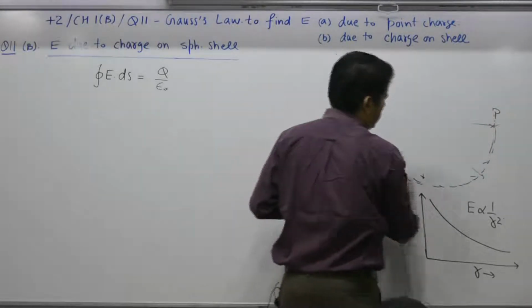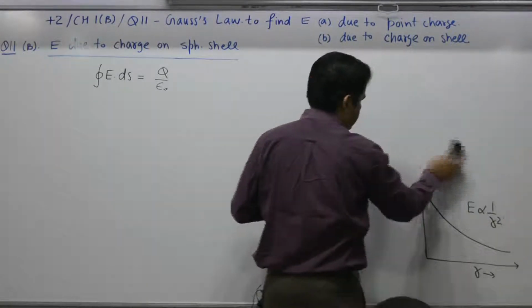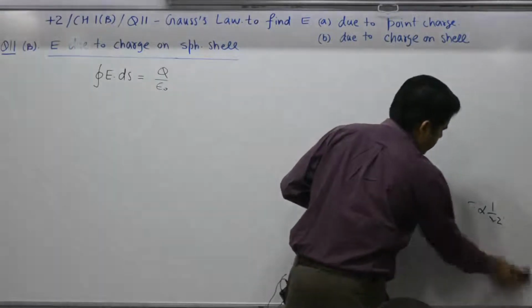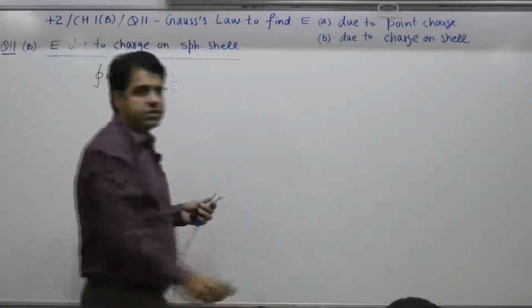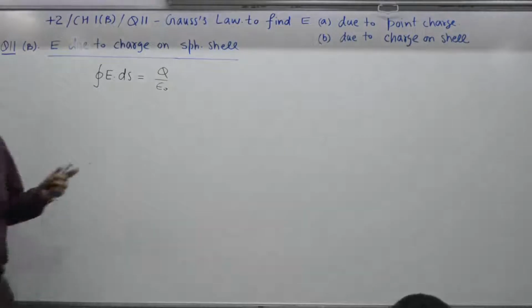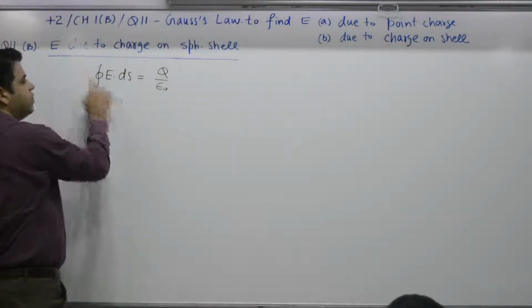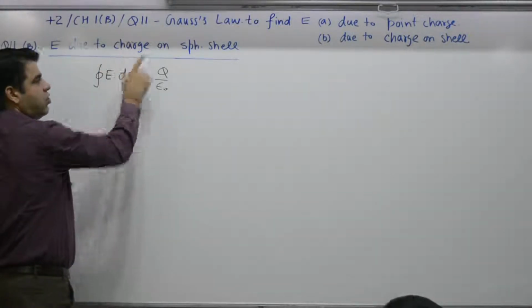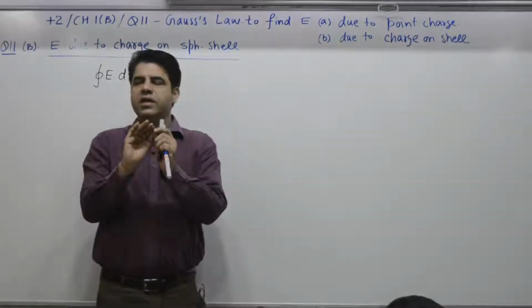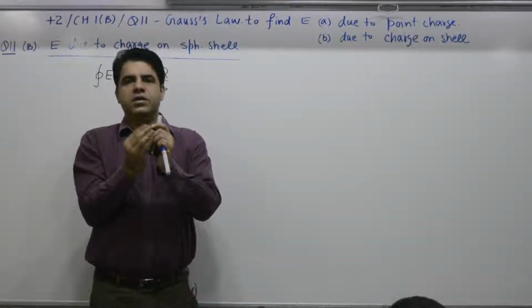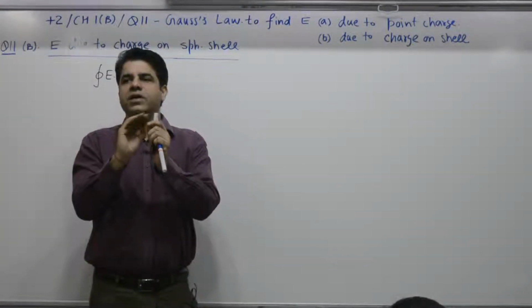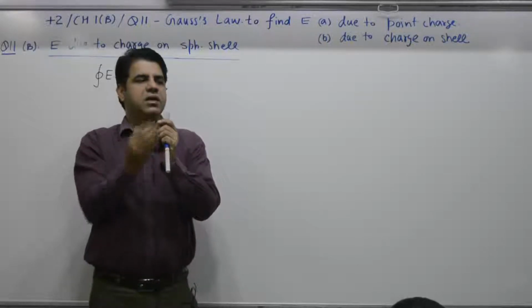B part deals with E. You have to find out E due to charge on a spherical shell. How do you make it? Like a table tennis ball. Take some metal powder or paint and paint it on the table tennis ball.